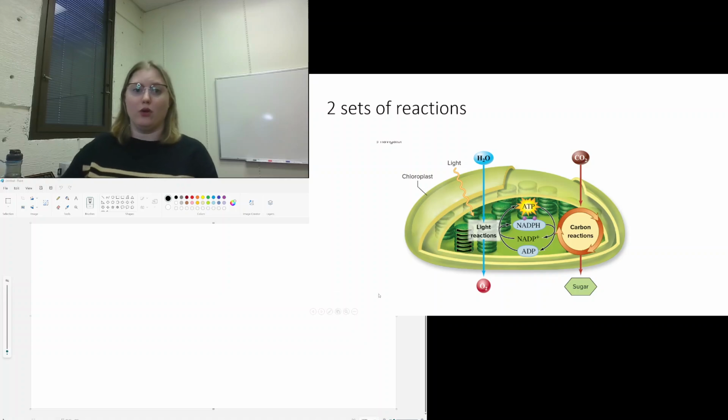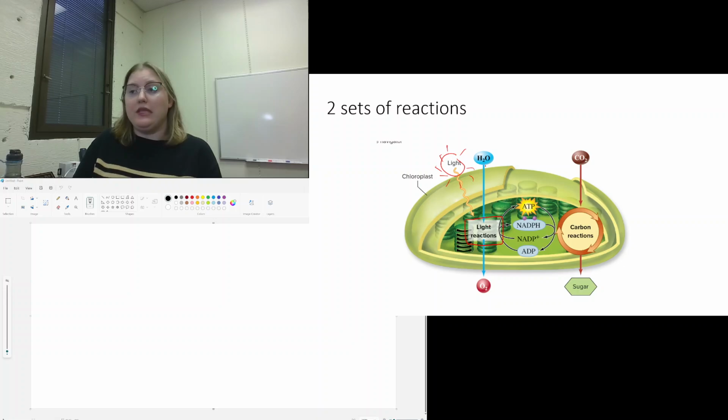Let's take a look at our chloroplast and these two sets of reactions that photosynthesis has. So photosynthesis is composed of light reactions and carbon reactions. On our light reactions side, we have our water coming in, and we have light coming in here. This is our light, our sun is coming in.